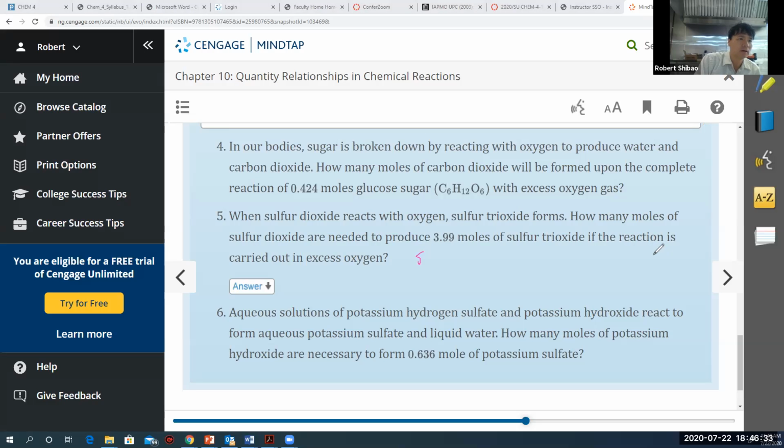Because remember, the oxidation state of sulfur varies from -2 to +6. And so, in this case, sulfur trioxide, what is that? So sulfur dioxide, SO2, reacts with excess oxygen. Excess, we use XS, the letters. That means we have extra, plenty of oxygen. And so we should get complete combustion.